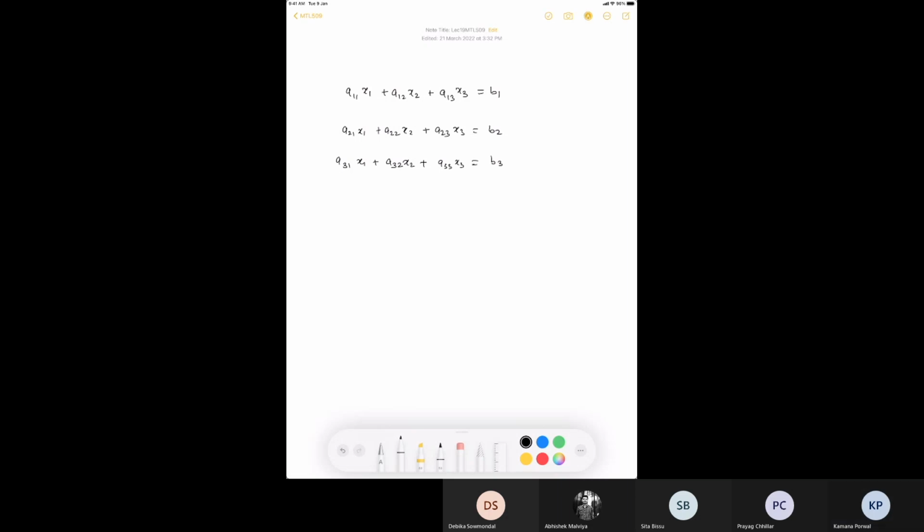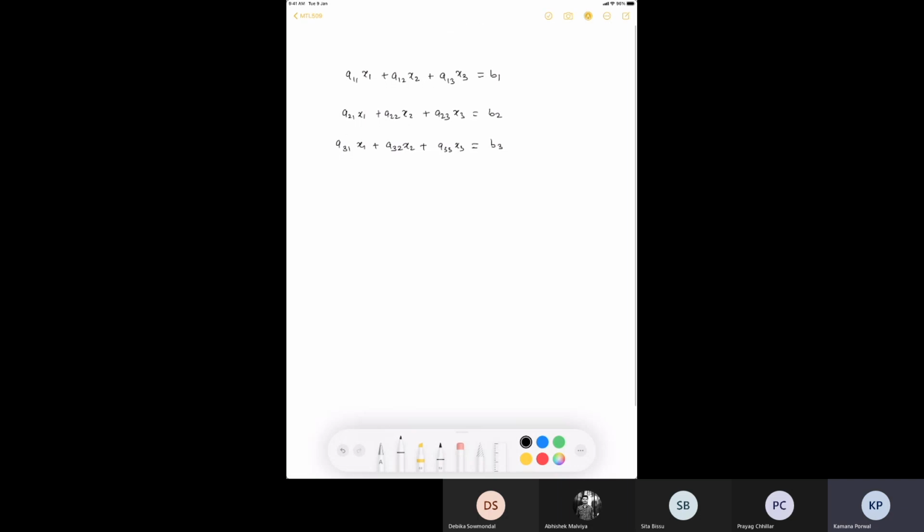So we saw how we solve this 3 by 3 system. In particular, we have seen it for an n by n system using the Gauss elimination method, right? So what is the idea of the Gauss elimination method? Assuming that this coefficient here is non-zero, we eliminate x1 from the second equation and the third equation, right?